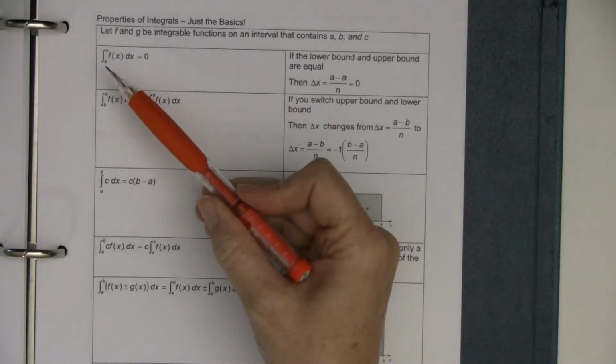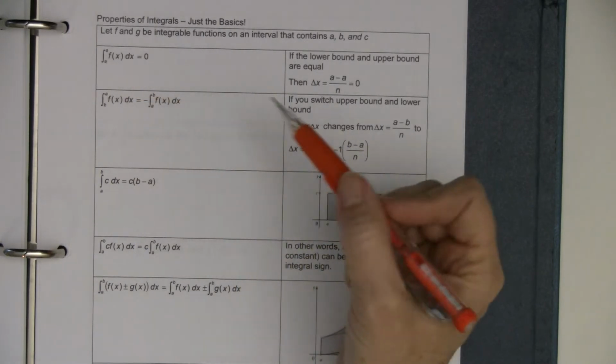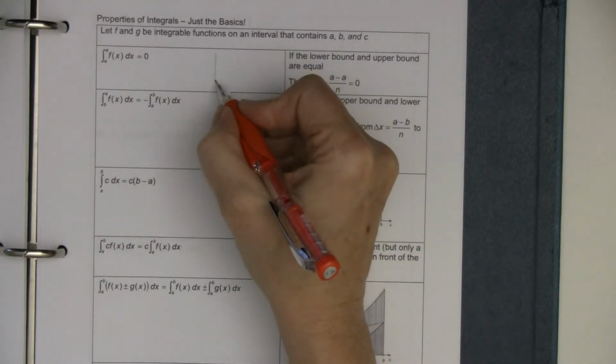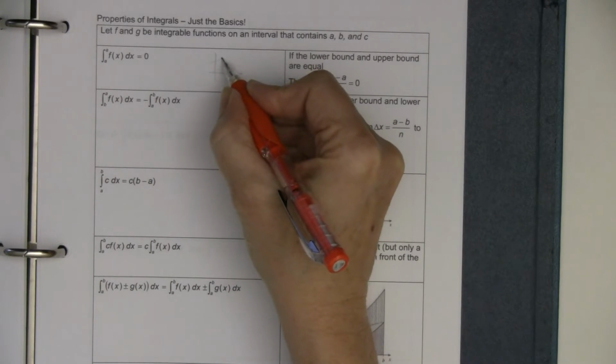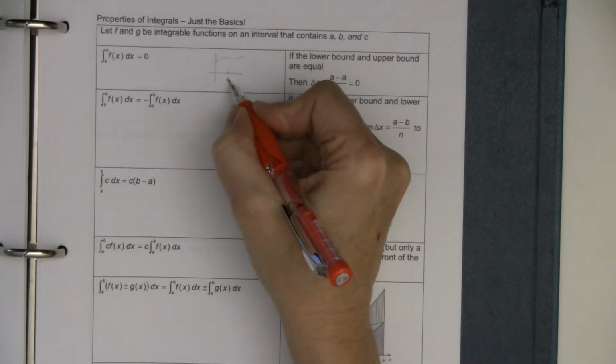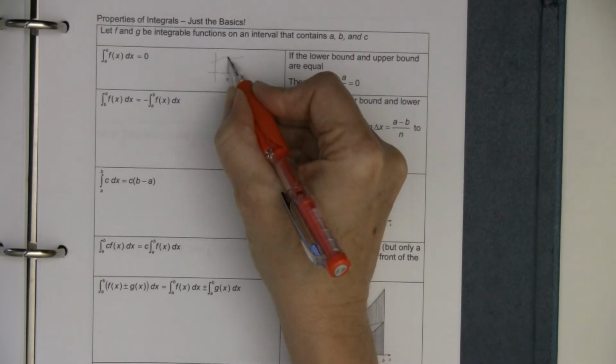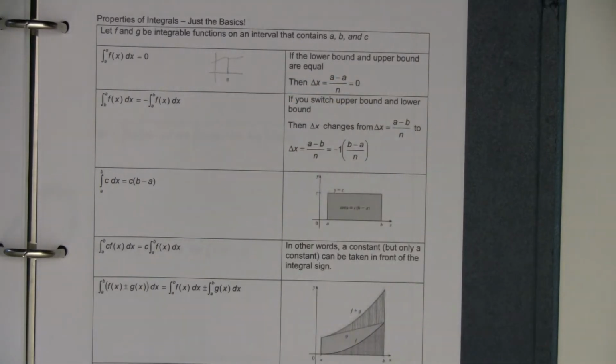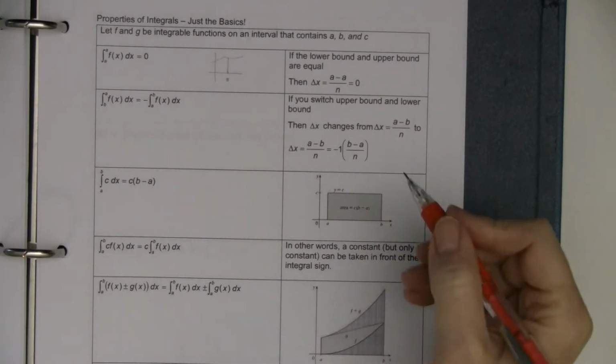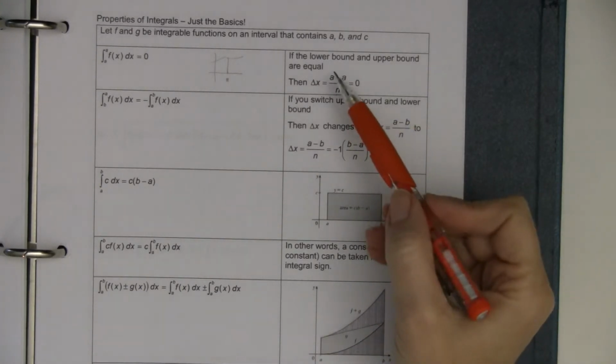If my interval goes from a to a, think about that on a picture. Here's my curve f, and here's where a is, and I'm going to ask you what's the area of that line, right? And it's 0.